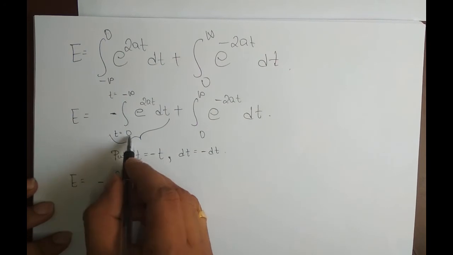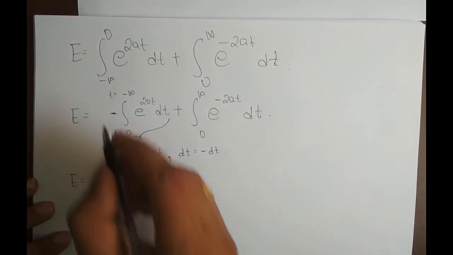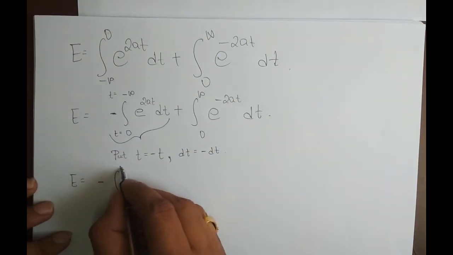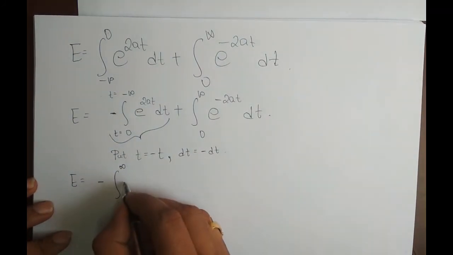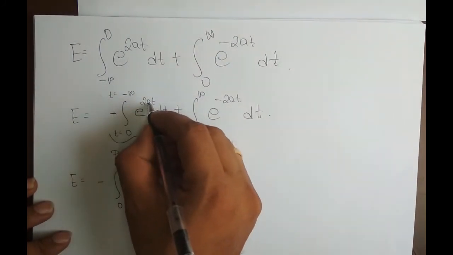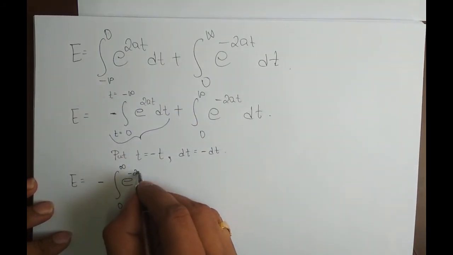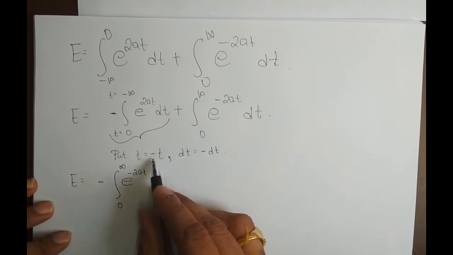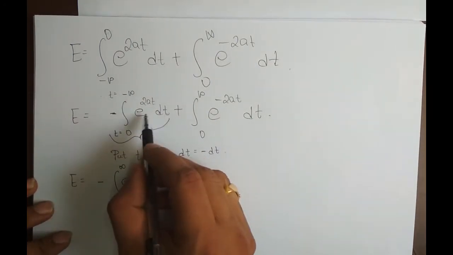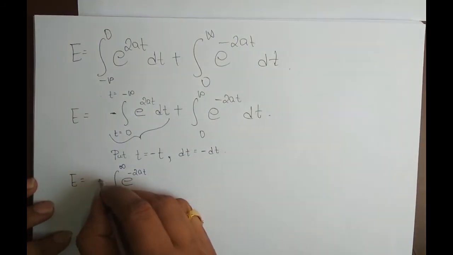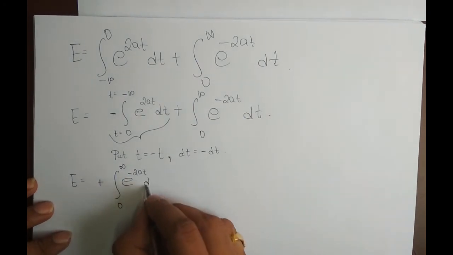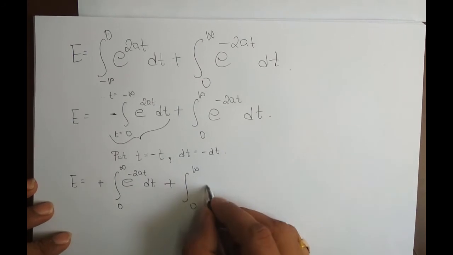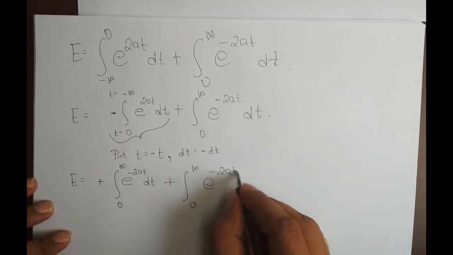So if this minus goes to the other side, I get 0 itself. Now minus t is equal to minus infinity. So minus minus cancels out, I get plus infinity. Okay. So e power 2a into minus t, so minus of 2at into minus dt, because t is replaced by minus t now. So minus dt, so that minus and this minus into minus plus, so I get plus dt. So plus, integrating from 0 to infinity e power minus 2at dt.